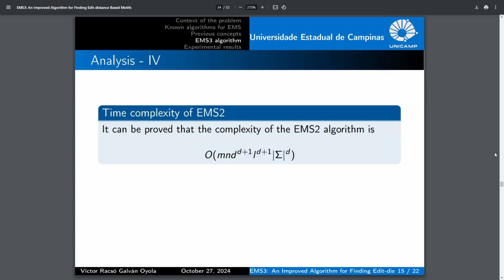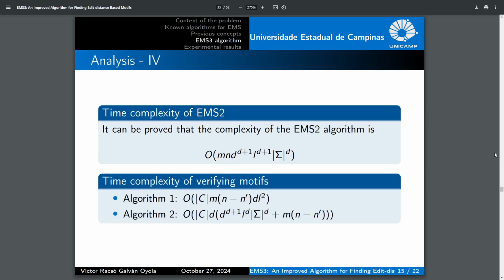In addition, the time complexity of EMS2 is this formula. This expression gives us some ideas regarding the NP-hard, the non-polynomial class of this problem.